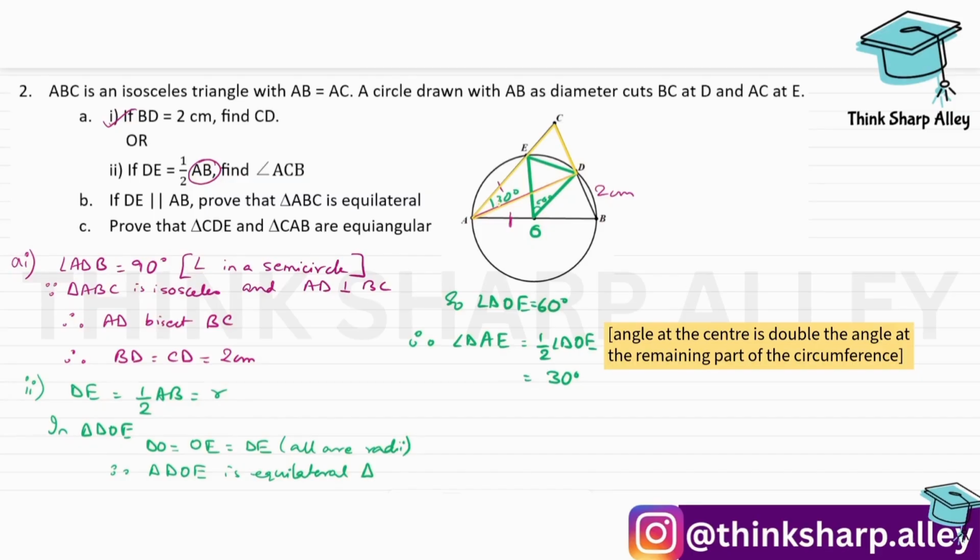We have this angle 30 degrees, this angle 90 degrees, and angle C is what we have to find out. So we can apply the angle sum property in this triangle to calculate angle ACD, which is equal to 60 degrees. So if ACD is 60 degrees, angle ACB is also 60 degrees. Part 2 is also done, completed.